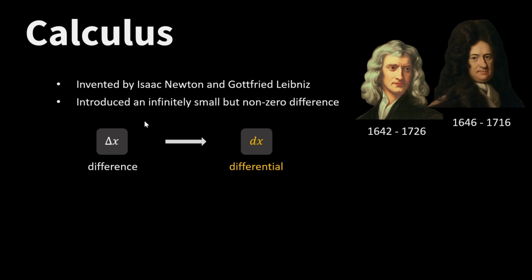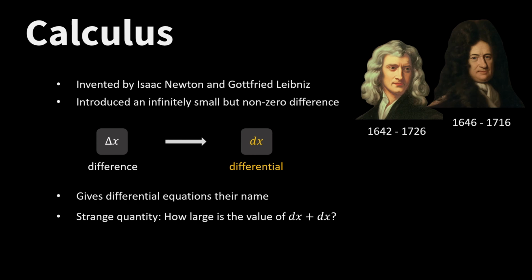So far we used the Greek letter delta for difference. For differential we use the Latin lowercase letter d. Differentials give differential equations their name. However, they're a strange quantity. For instance, what's the value of dx plus dx? What's the sum of two infinitely small quantities? Differentials are still used today in mathematics, but in a non-rigorous way, just as notation.